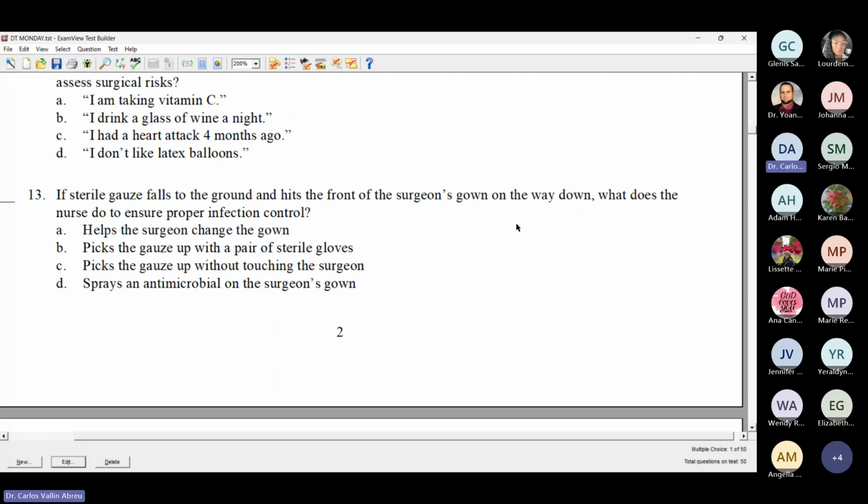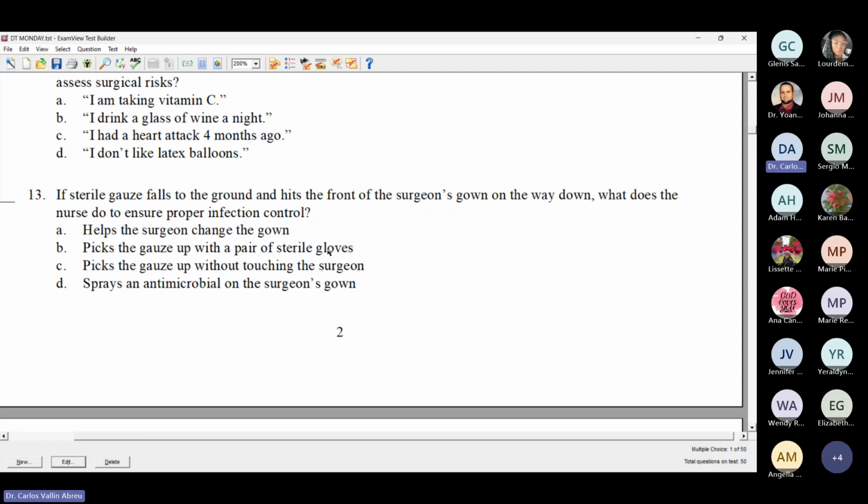So now you visualize what is described there. What should the nurse do? Help the surgeon change the gown. No need. Why no need? Because sterile touched sterile. Picks the gauze up with a pair of sterile gloves. No, you don't need to pick this gauze with a sterile glove. This gauze is already contaminated.